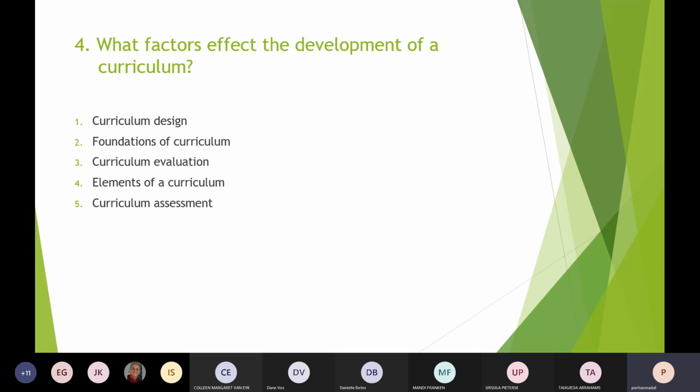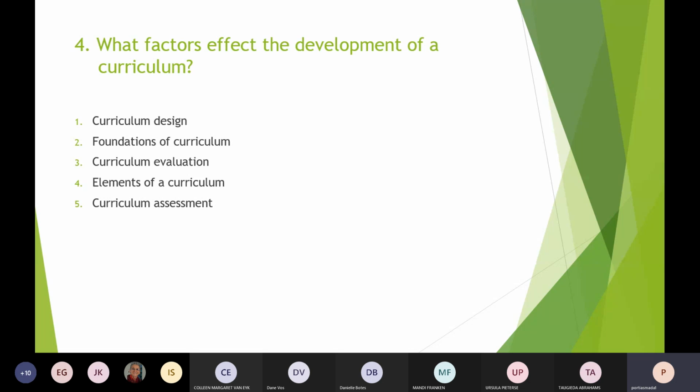Let me ask you, what is curriculum design, students? It's how you design your curriculum, what you put into it. All right, thank you for that.